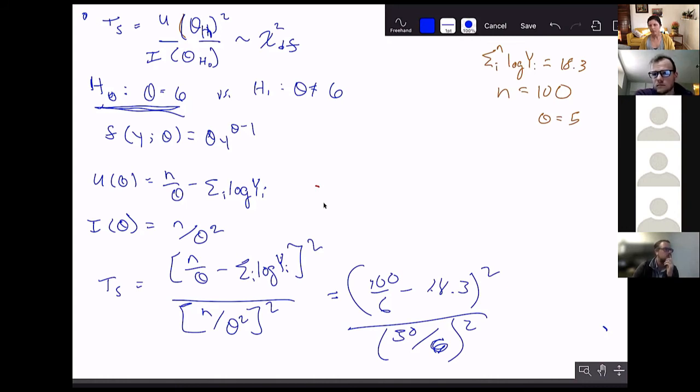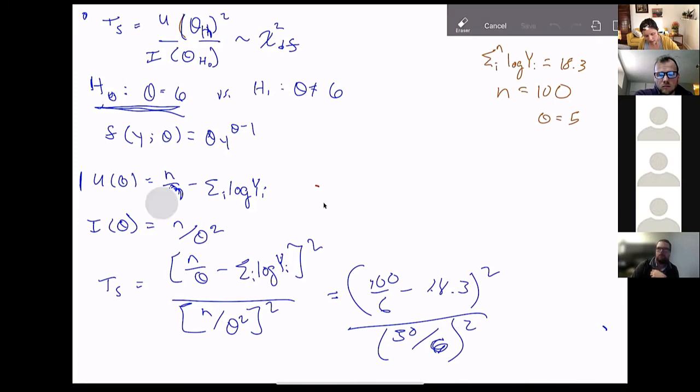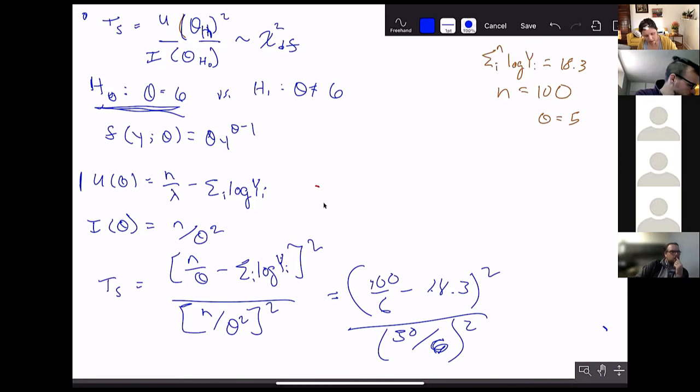So I would just do exactly what I'm doing here: write out all the pieces, write out your score function, not in terms of the MLE, but just in terms of the parameter lambda in this case, and write out your information in the same way. Then write out your generic form of the test statistic, plug in the value for lambda under the null hypothesis, and see if that helps. Okay.